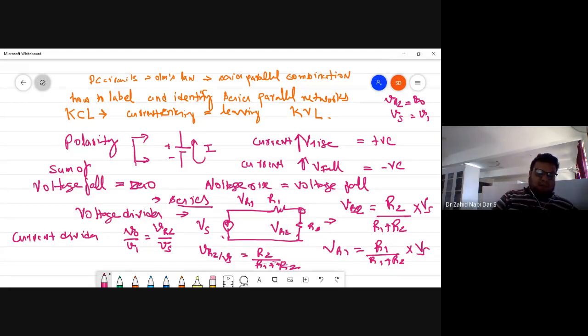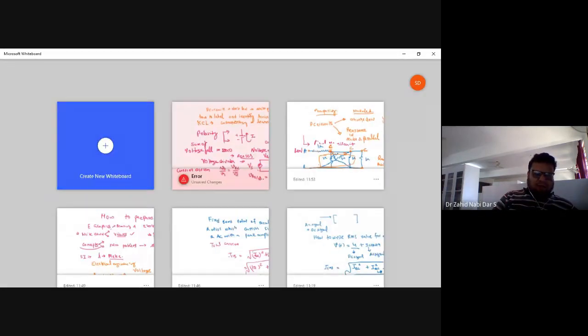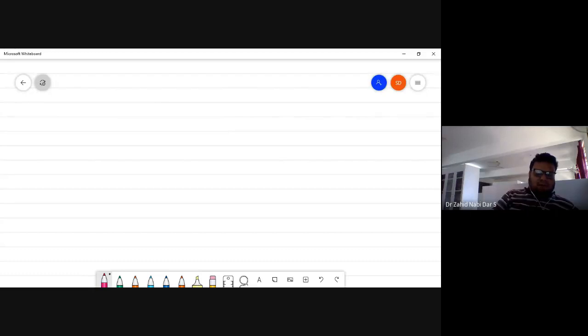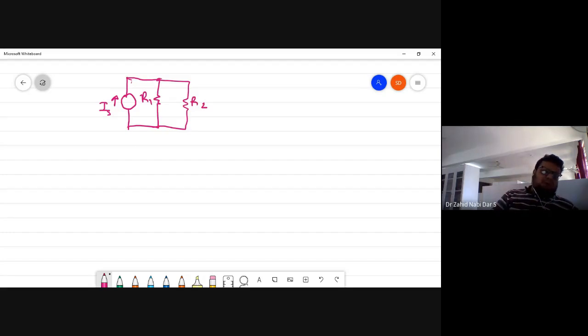Now similarly for the current divider circuit, if this is my supply current Is, and my resistances are in parallel combination, this is my R1 and this is my R2. This is I supply, I input, equal to Is.